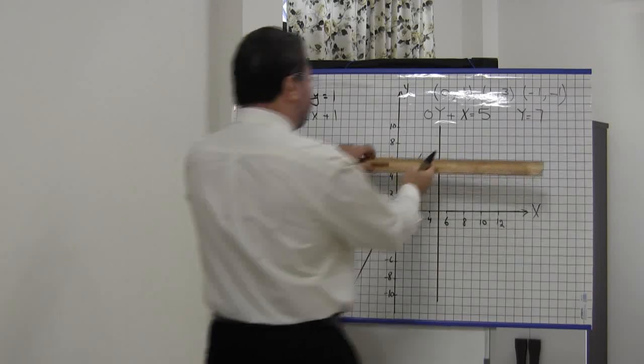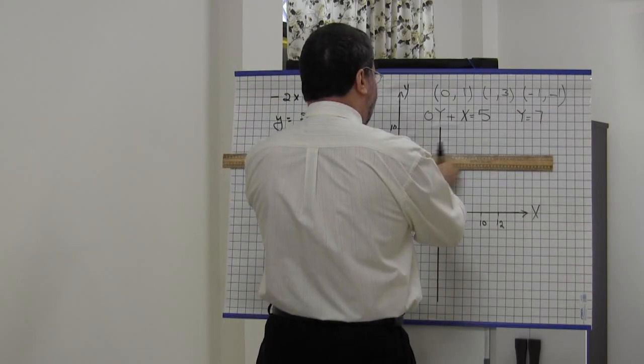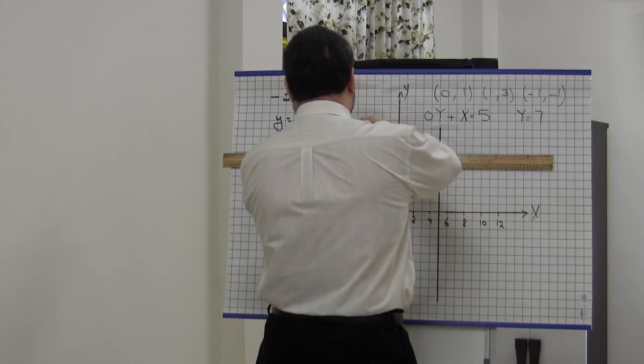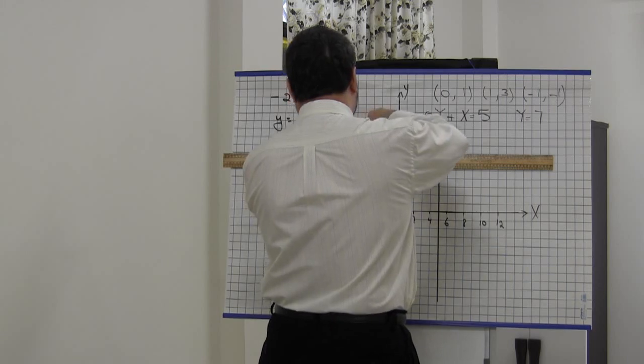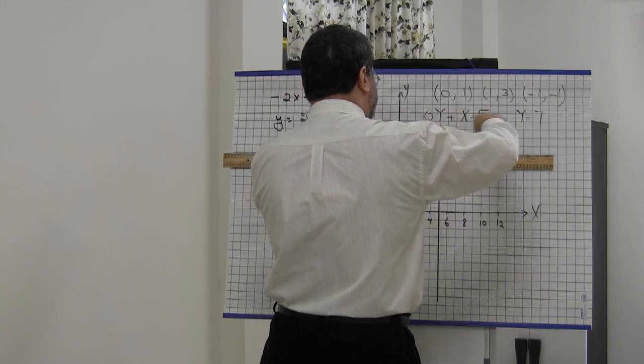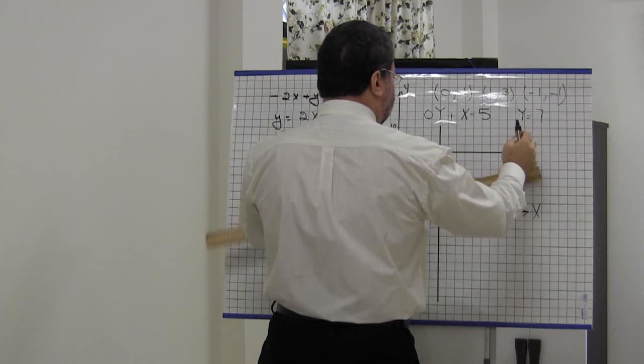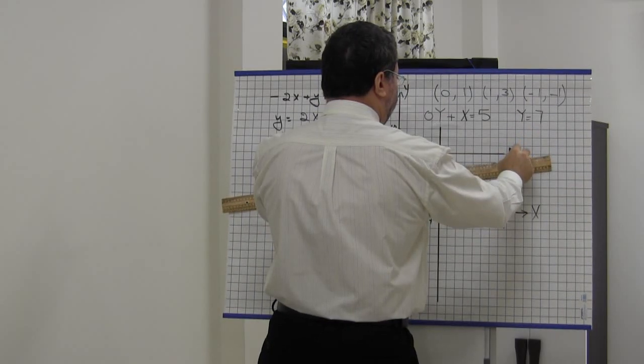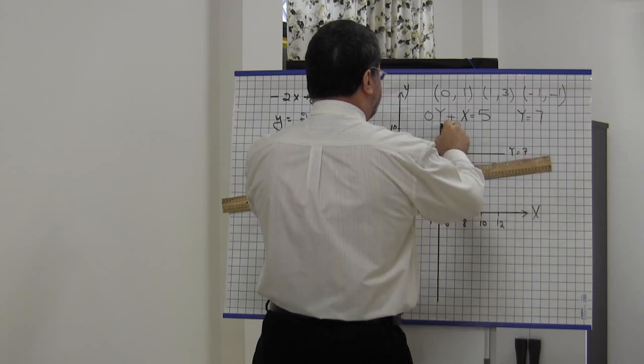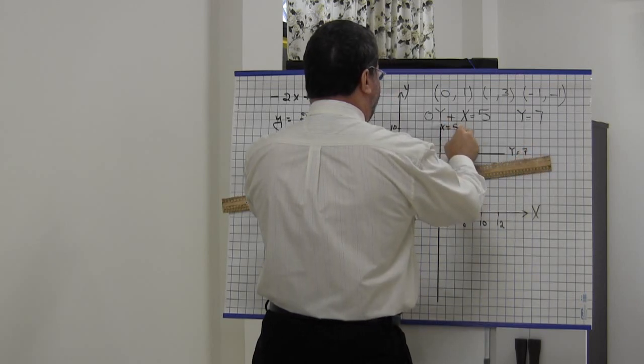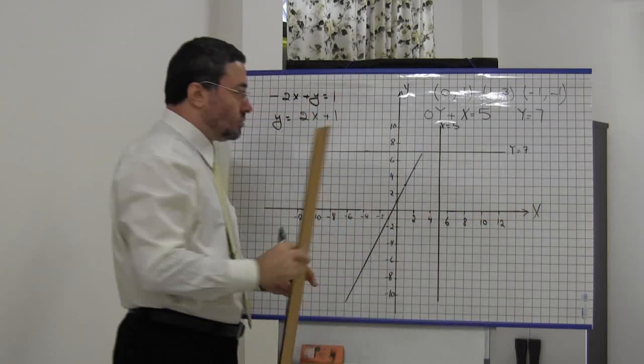So now, this will be the graph of y equals 7. And again, for whatever value of x, y is always 7. And this is for x equals 5.